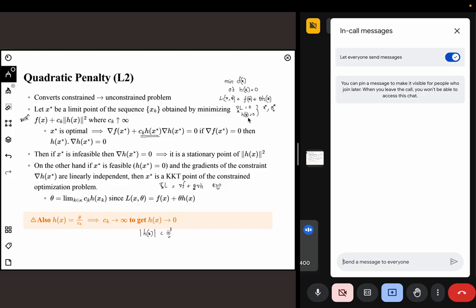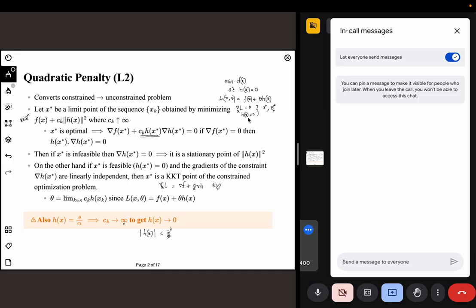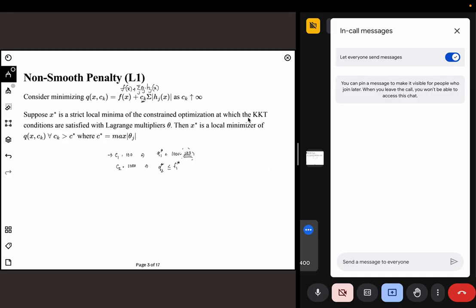You have to put some tolerance on it. Depending on that tolerance, instead of being infinity, this will be some finite value. That finite value is something you have to keep trying. You start with some c and keep increasing till you reach that finite value beyond which this tolerance is satisfied. That maximum c value is very high in case of an L2 penalty compared to what we get in an L1 penalty.